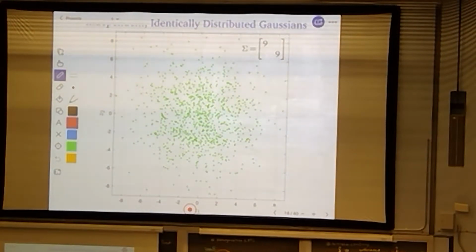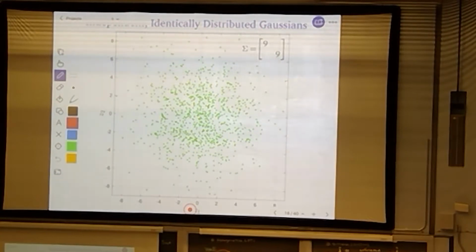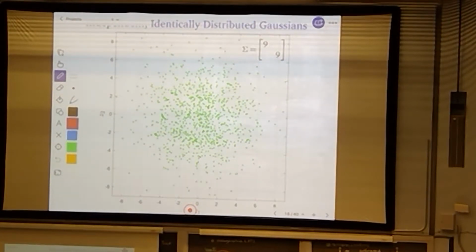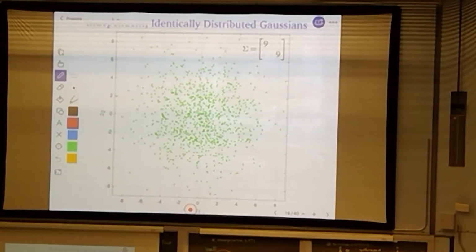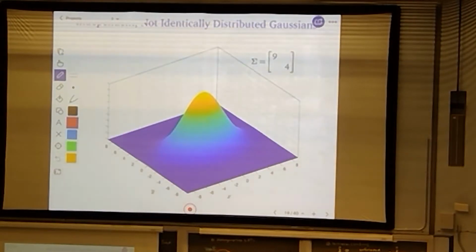I literally sampled 1,000 points, and that's the distribution. As you go to the outside, there are fewer and fewer points, very sparse. In the middle, a lot of density. There are probably a lot of points overlaid on each other, so you don't feel like it's 1,000 points, but it is actually 1,000 points. And this is the so-called individual noises.